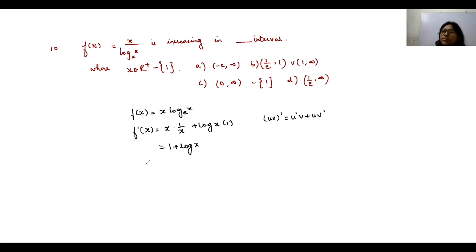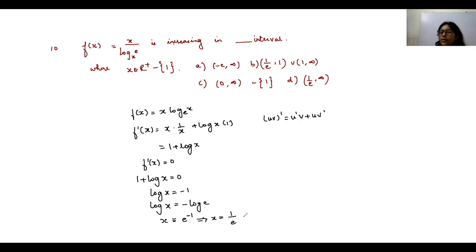Now, to find increasing and decreasing, we need to equate this to 0. So we have 1 plus log x equal to 0, or rather log x is equal to minus 1, which can also be written as log x equal to minus log e, so x equal to, this will go in the exponent, or we can say x equal to 1 by e.